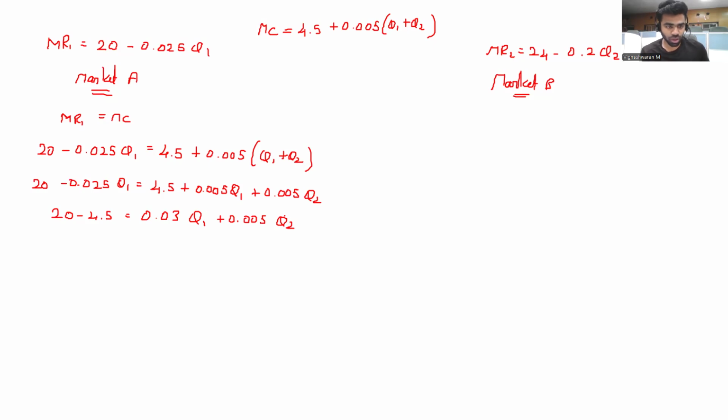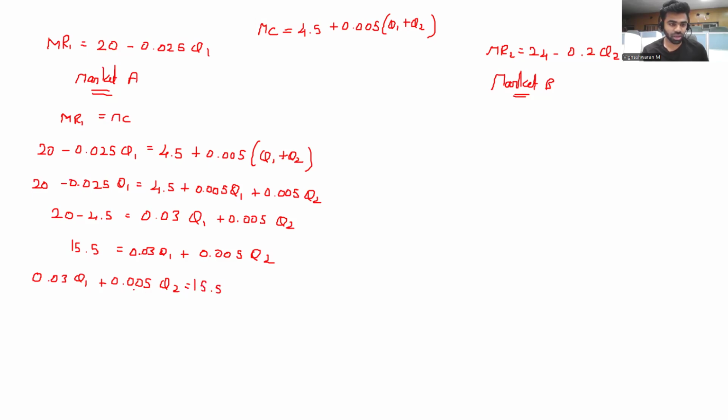Okay, so 20 minus 4.5, it will be 15.5. 15.5 is equal to 0.03 Q1 plus 0.005 Q2. Okay, so for convenience, I am just interchanging this. 0.03 Q1 plus 0.005 Q2 is equal to 15.5.